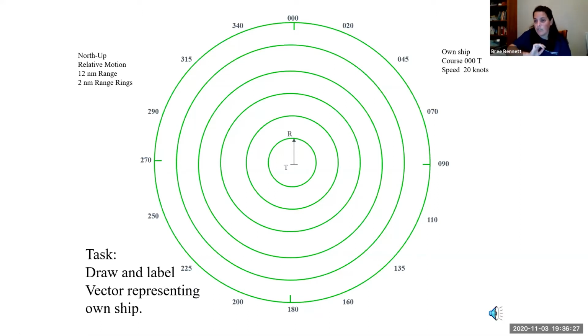That's why we use the 6-minute number, because 6 minutes is 1/10 of an hour. When you do your 60D street, you literally just move the decimal place over 1. So in 6 minutes at 20 knots, we would travel 2 nautical miles. Our range ring is 2 nautical miles, so my distance in 6 minutes would be 2 nautical miles in the direction of north.